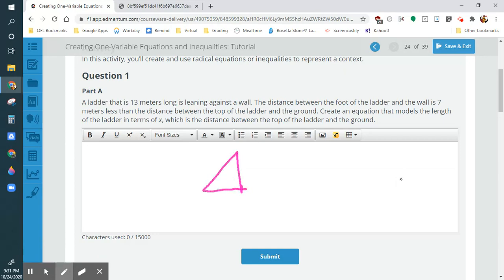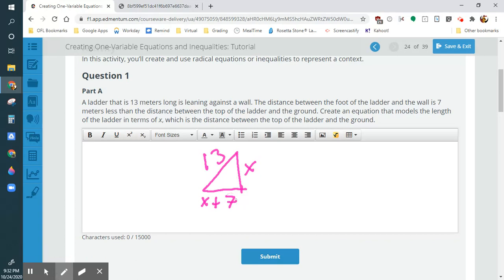We don't know what the height is, but we do know the distance from the wall to the ladder is x plus 13. Create an equation that models the length of the ladder in terms of x, which is the distance between the top of the ladder to the ground. Oh, a ladder is 13 meters long. Oopsie.